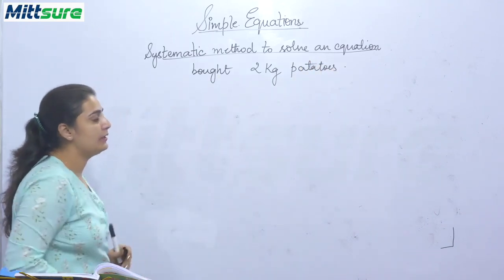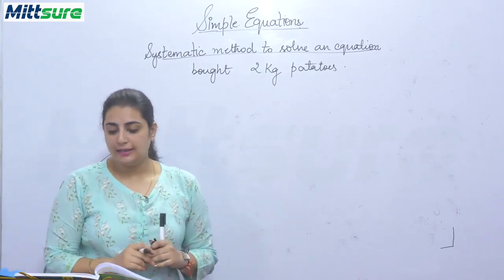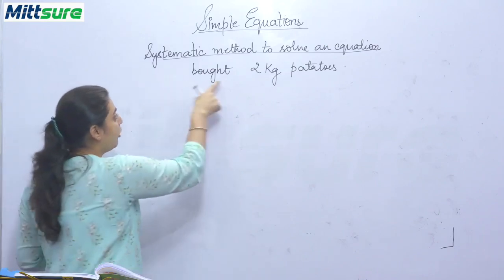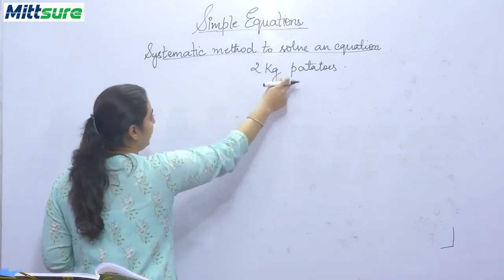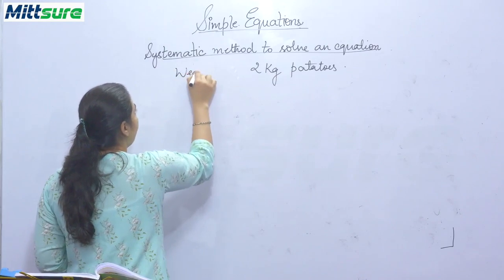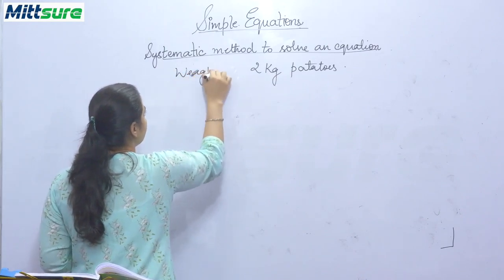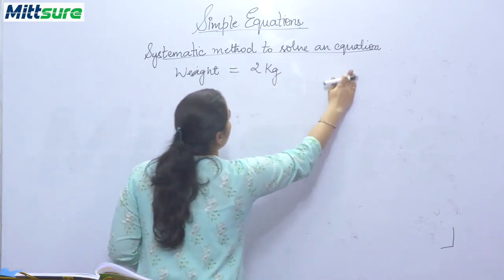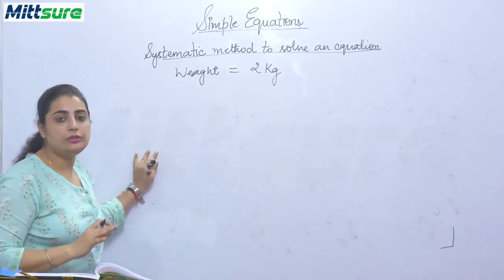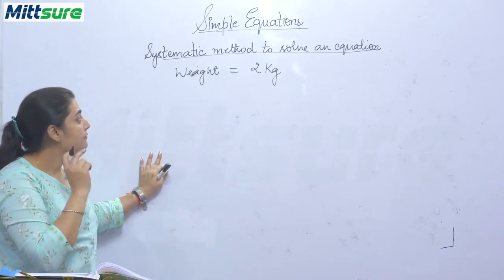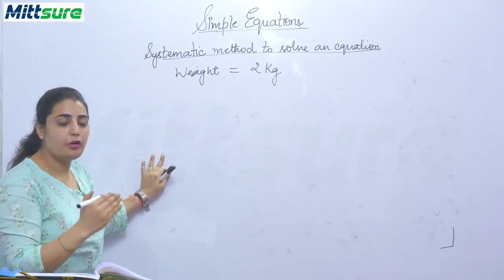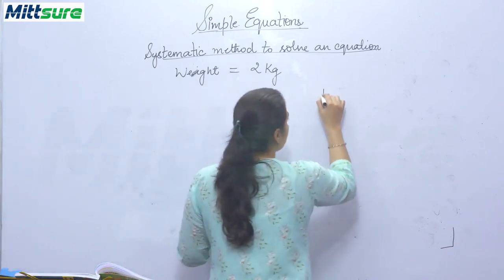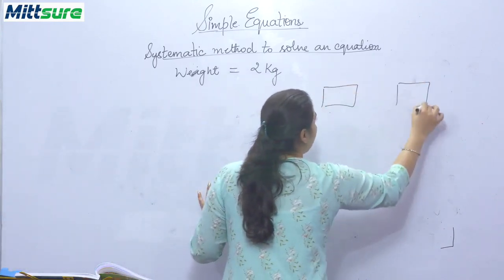Now, if this has to be expressed as an equation, then what are you going to do? We have got weight of potatoes as 2 kg, right? Now I have also given you the situation that whenever you go for getting 2 kg of potatoes, there is a weighing balance, 2 pans are there, right?